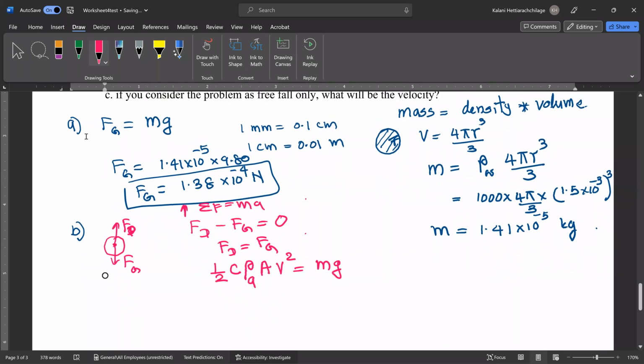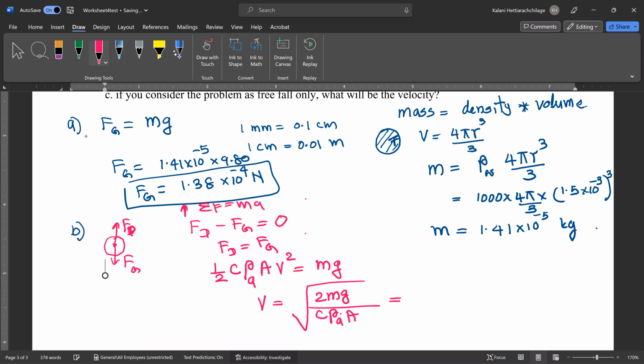So the force of gravity, I already have it on the right side, but I am not going to plug that in yet. I'm going to solve for v from here. So I'm going to multiply by 2 first, 2mg, and divide by C, rho air, and A, and then take the square root.